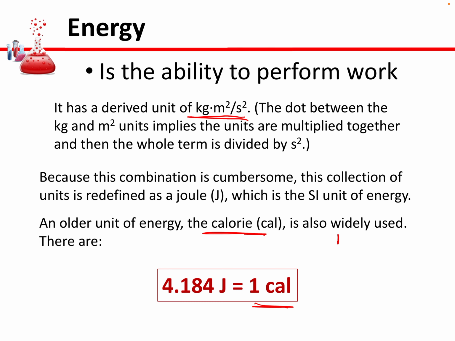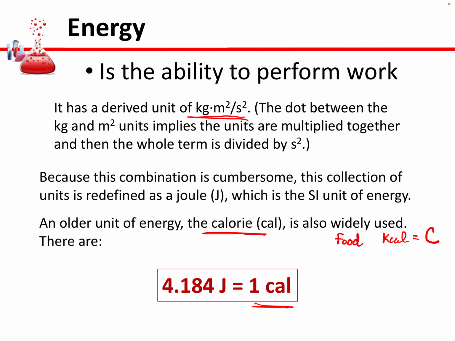So for food labels, we have kilocalories, or the big C calorie. We can give our food values as well for the work that it can do for us inside our body. For 1 gram of fat, it gives us 9 big calories per gram of fat. So fat has a lot of energy. For protein or carbohydrates, it's 4.